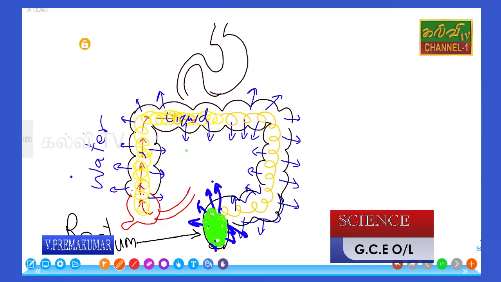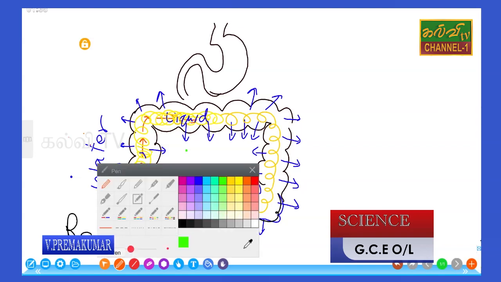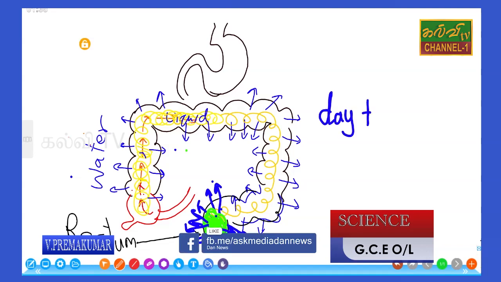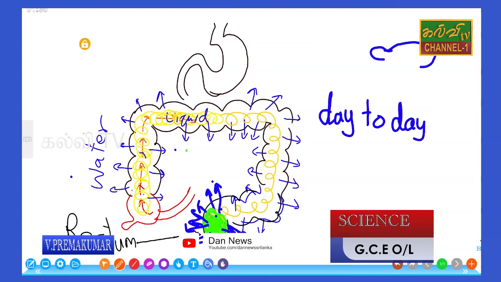Why? This area is mostly specialized to absorb water. So in day to day life you have to defecate. We have to go to the toilet, the washroom, in time.